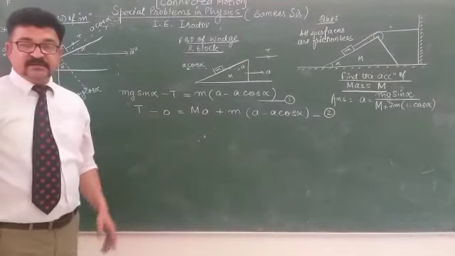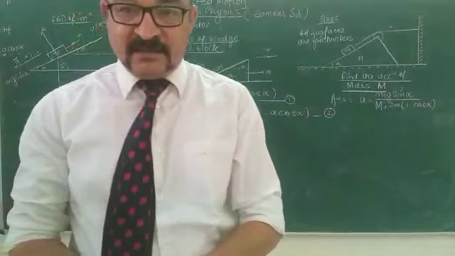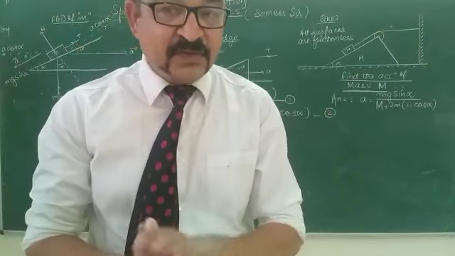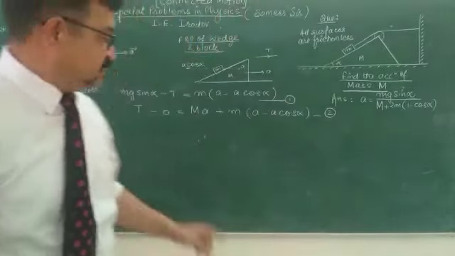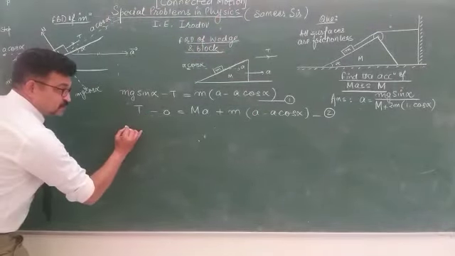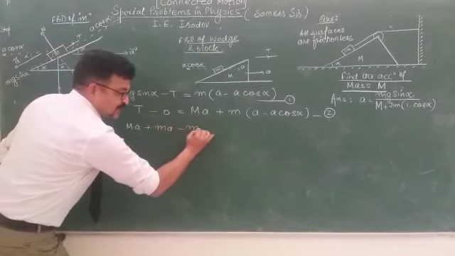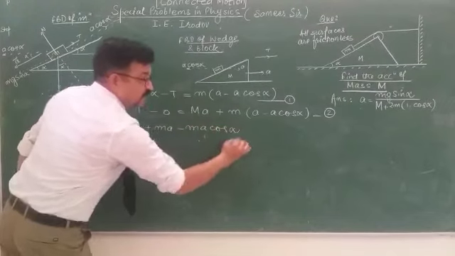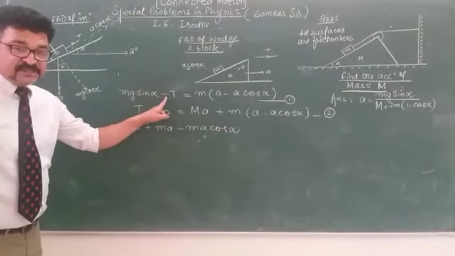In my question, what is the target? My target is to find out the acceleration. My target is not to find out what the tension is. So what is the value of tension from the second equation? It is M A, or M small a minus M A cos alpha. What is the tension from the first equation?